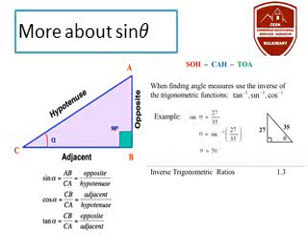If any student does not know how to use the calculator, you can tell me and I will explain how to find the sine inverse to get any angle. We use sine inverse to find the angle.